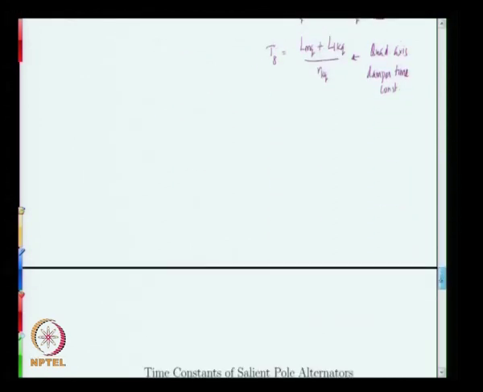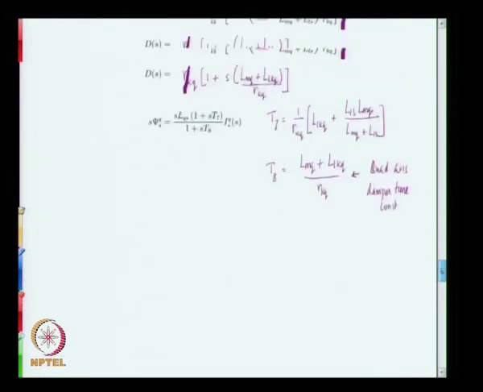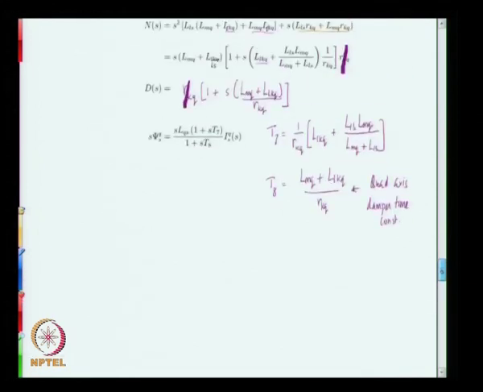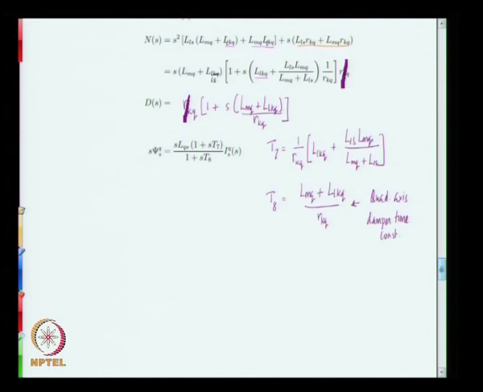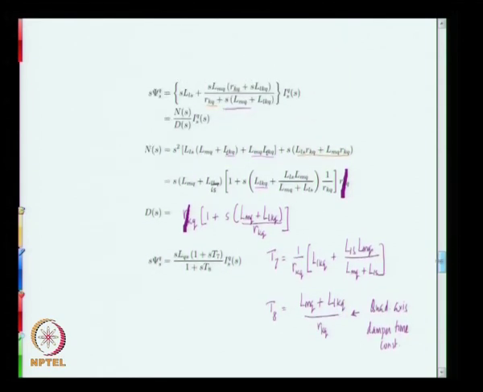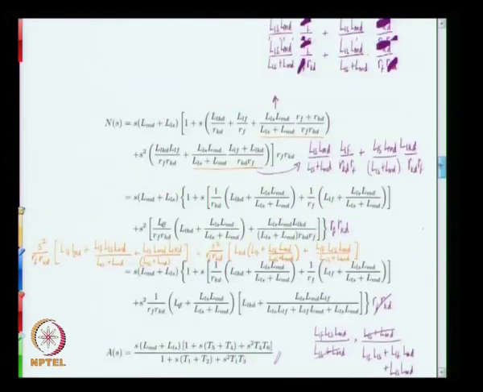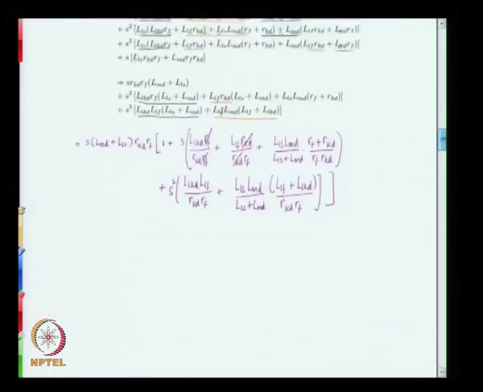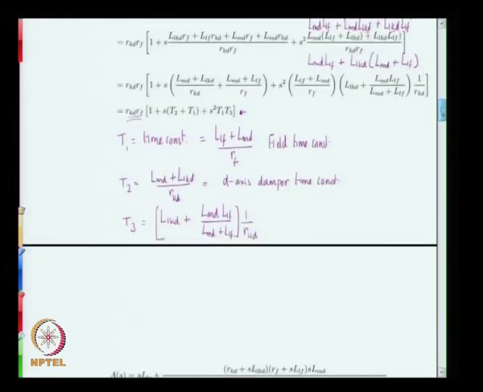Now, let us take a look at all the T1 to T8 that we have derived before we proceed ahead. Let us go back. So, T1 is, as we have said, nothing but the field time constant.